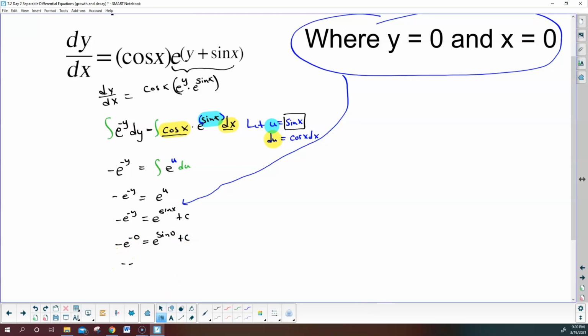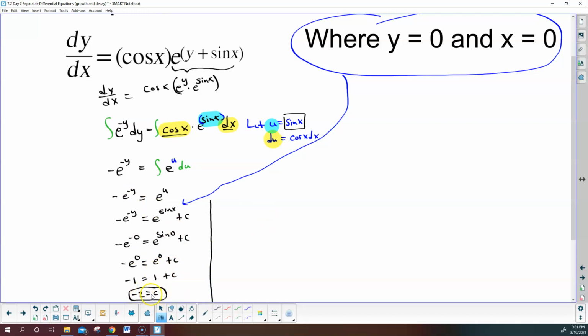Well, this becomes negative e to the 0, which is negative 1. And e to the sine of 0 is e to the 0, which is 1. And then if I move this 1 over with subtraction, I end up with c being negative 2. Go ahead and pause the video if you need to, if you're not confident on where that came from. You can follow the steps.